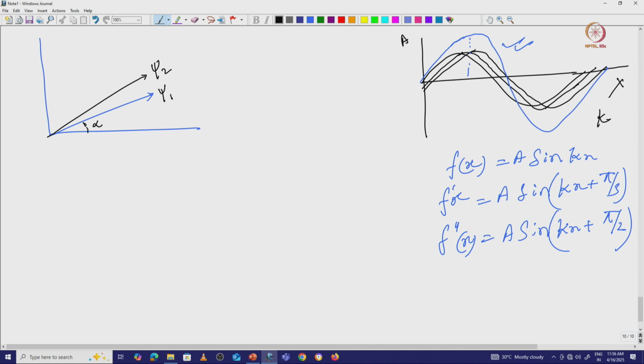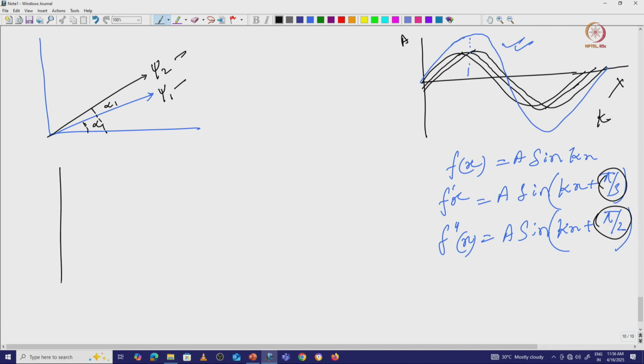We have to add those waves. How can we add them?